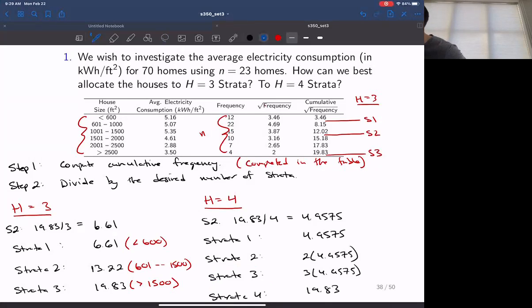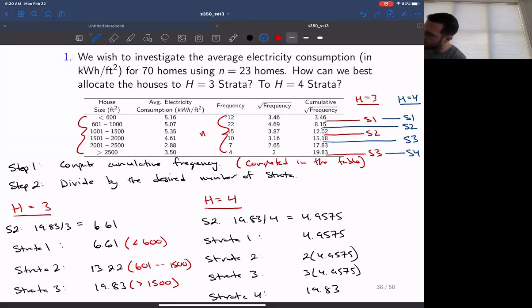Okay, and then if we took h is equal to 4, okay, so our first strata is going to be at the same point. Our second strata is going to be here now. Our third strata is going to be here. And then our last strata will be there.